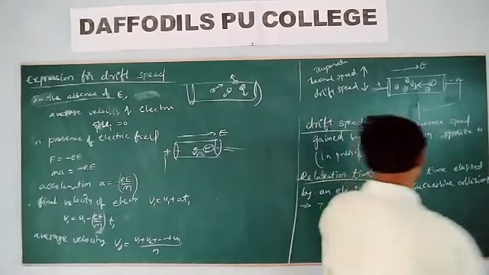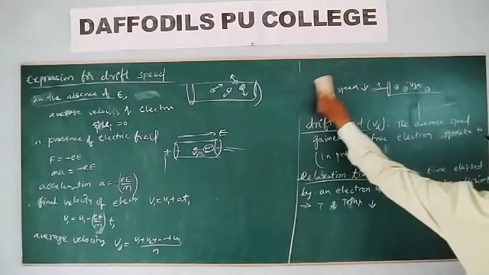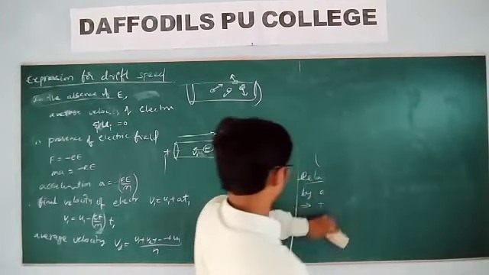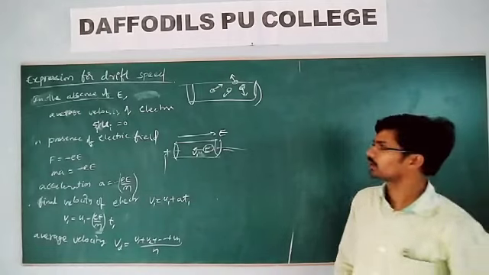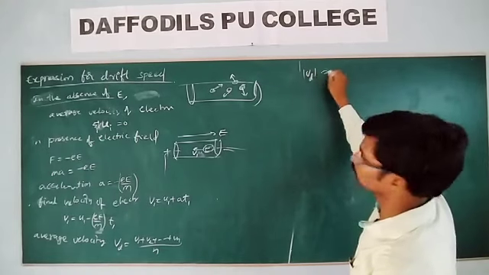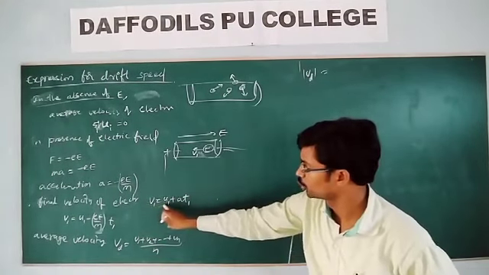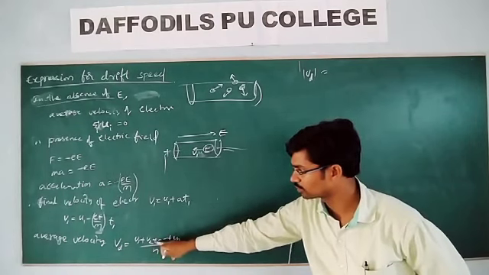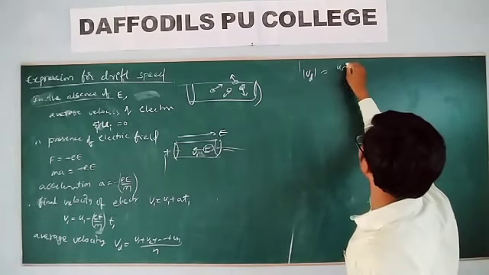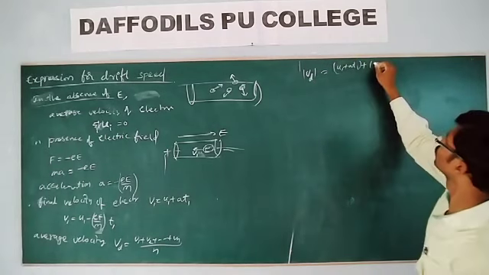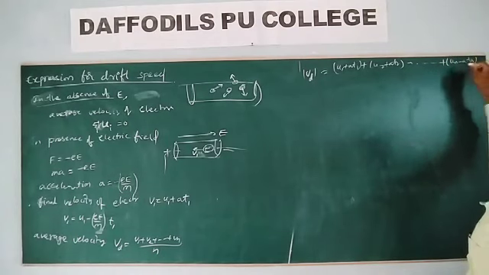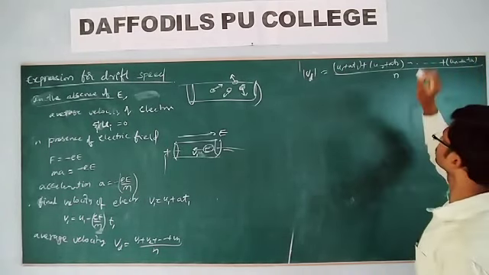Let me write the expression. For n number of electrons, v average is equal to v1, which is u1 plus a t1, v2 which is u2 plus a t2, and so on, up to un plus a tn, divided by n.